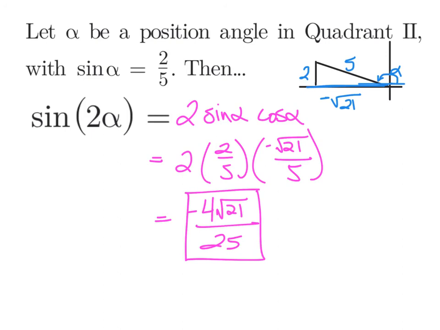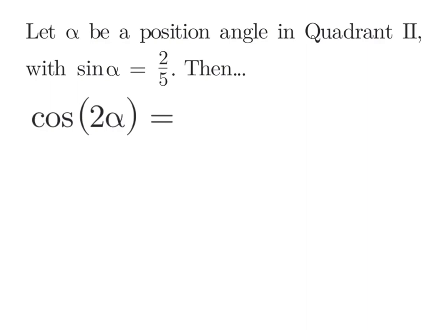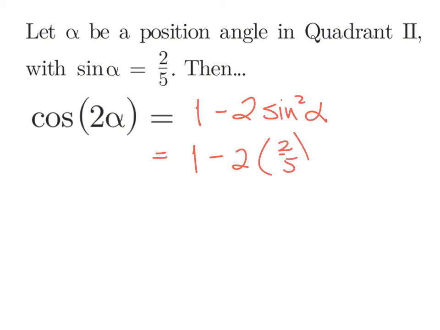And if we have that same angle and we want to find the cosine of 2 alpha, well, we don't even really need to draw it out, because for the identity for cosine of 2 alpha, we have 3 of them, and one of them is 1 minus 2 times sine squared. We already know what sine is. It's 2/5.